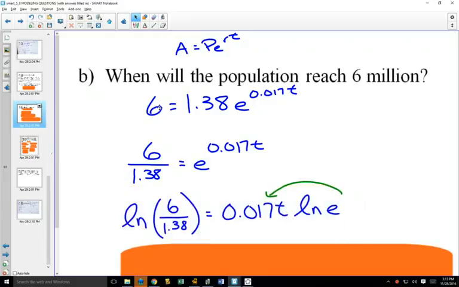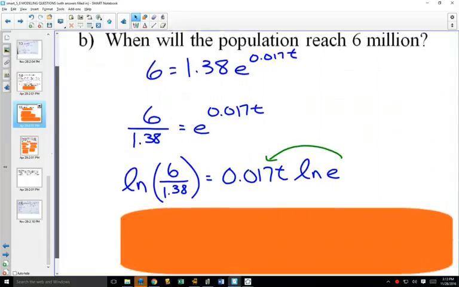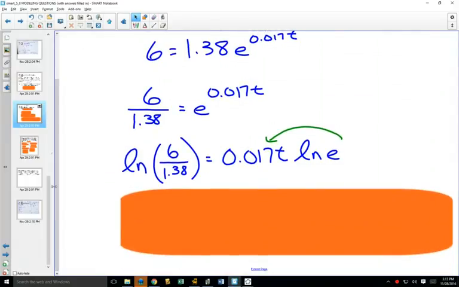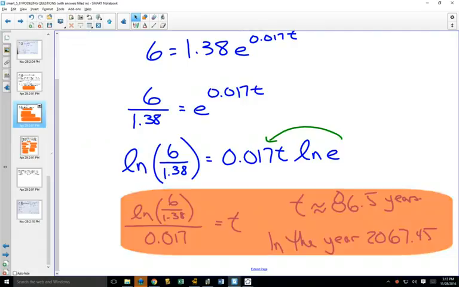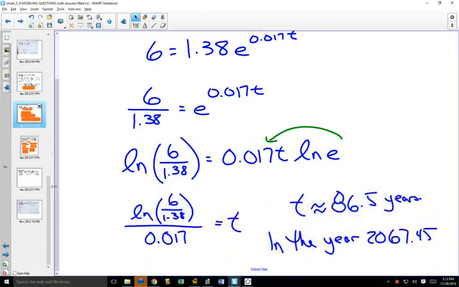And then the base is e, so we can take the natural log of both sides. Again, the natural log of e is equal to 1. So all we would have to do is divide by 0.017 to find out t.